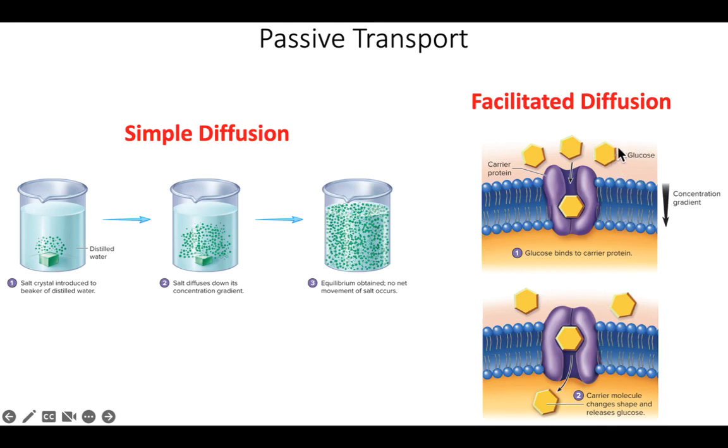So in order to get glucose into a cell, the cell needs a glucose transporter. And this purple protein represents a glucose carrier protein. All right, it grabs the glucose on one side, changes its shape, and then releases the glucose into the cell.